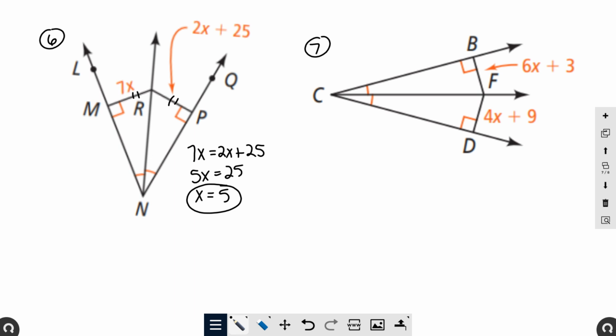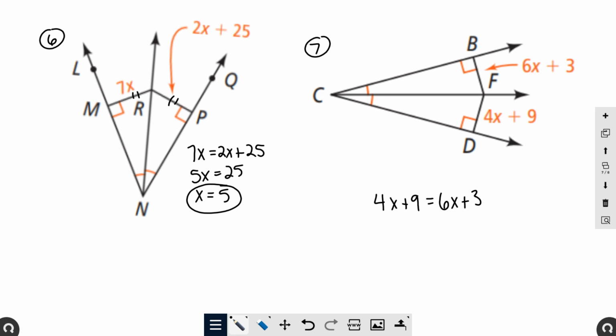Okay, then on this one, we would set them equal to each other. Whoops, I'm writing on the picture. So 4x plus 9 equals 6x plus 3. We see that angle bisector. Those two parts are equal to each other.